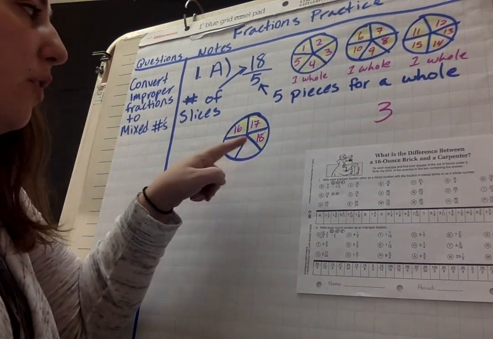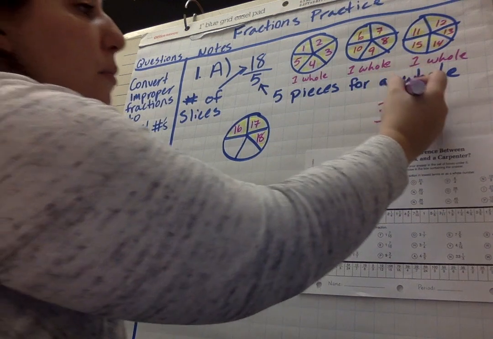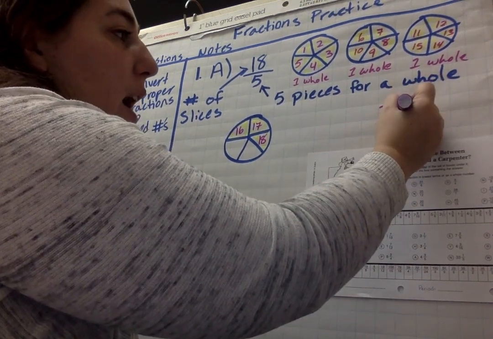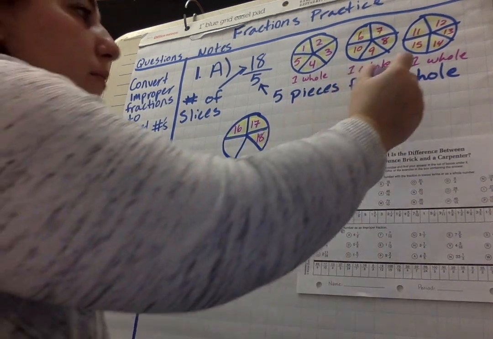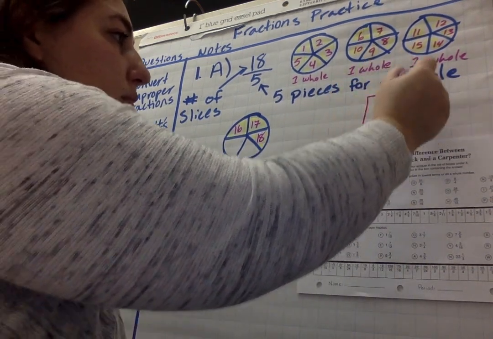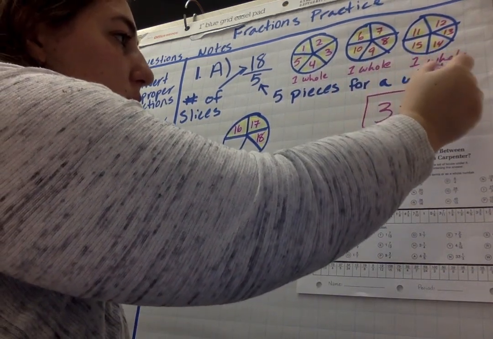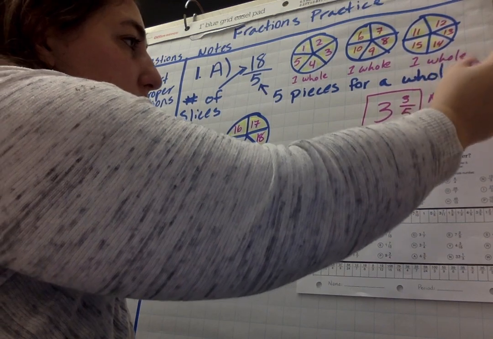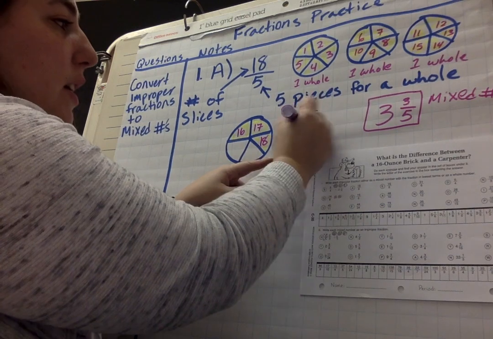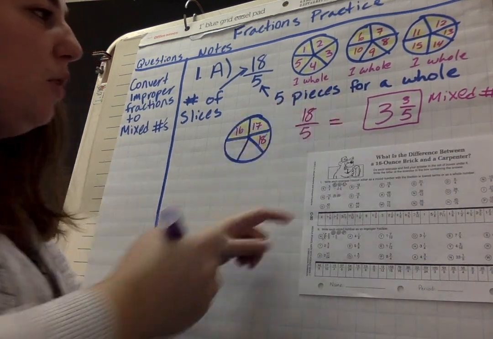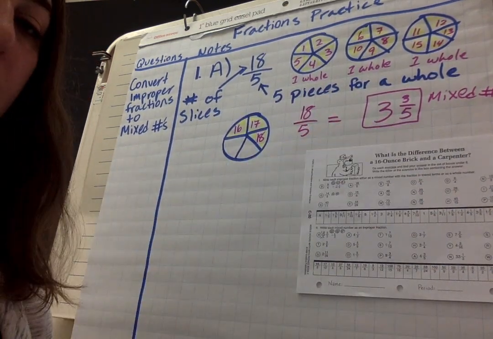I have 3 out of 5 slices. So I'm going to put that up here. 3 out of 5 slices. So this is my mixed number. Okay, so 18 over 5 equals 3 3/5.